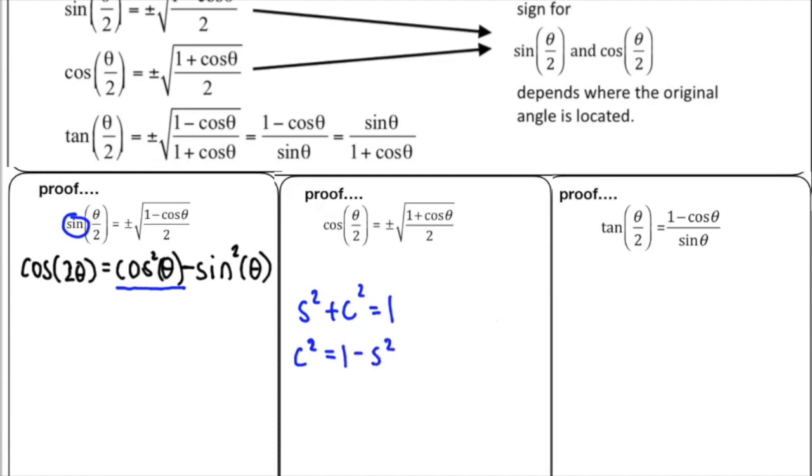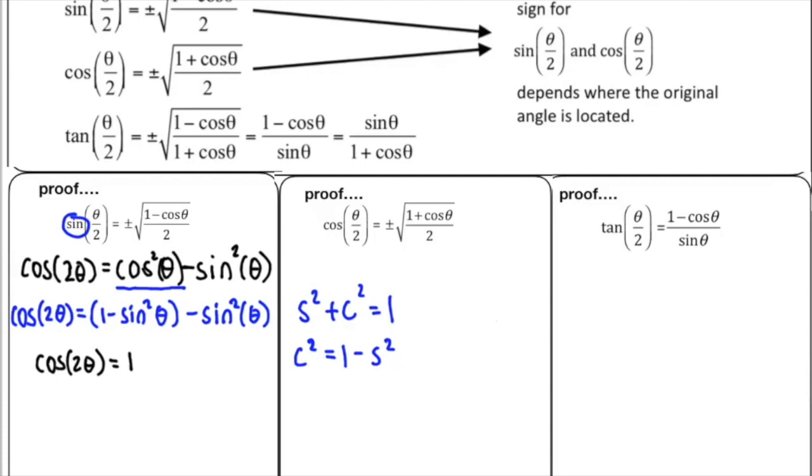So I'm going to replace that and write it like this. Now we have our new line with sine on the right hand side and cosine 2 theta on the left. Let me gather up some like terms: cosine 2 theta equals 1 minus 2 sine squared theta.